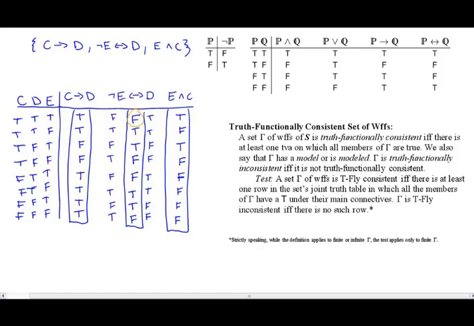In the first row we have a false here, second row we have a false here, third row we have a false here, fourth row we have 3 falses, fifth row we have a false there, and then there are falses there. So there is no row in which every member of this set is true. So what we have here is a truth functionally inconsistent set.